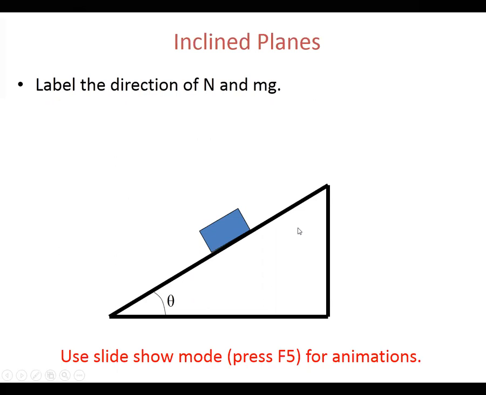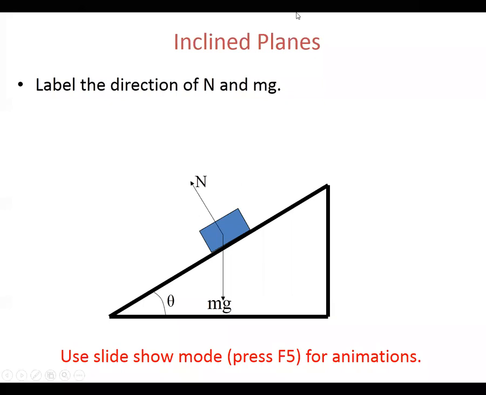Once the body is placed at an angle of theta, as I said in the previous slide, the body gets a gravitational force, which is acceleration due to gravity, and it acts in the vertical direction. This mg is the vertical force.